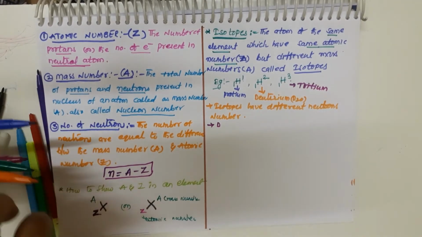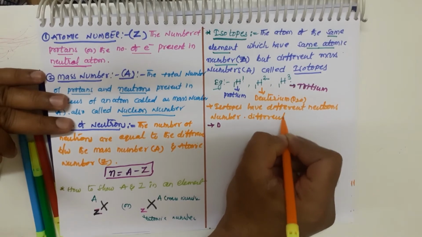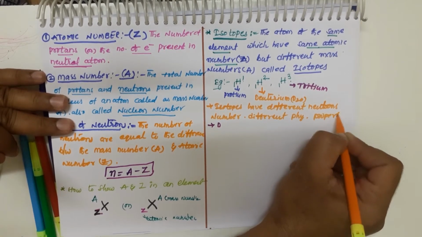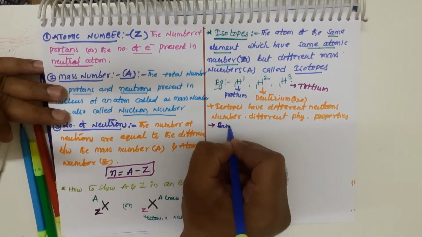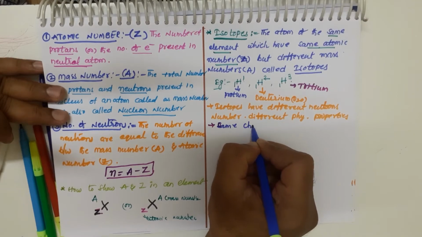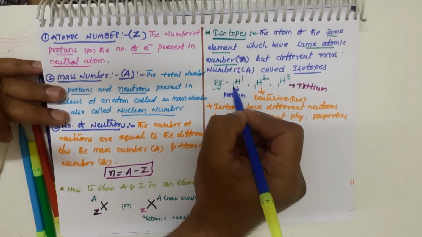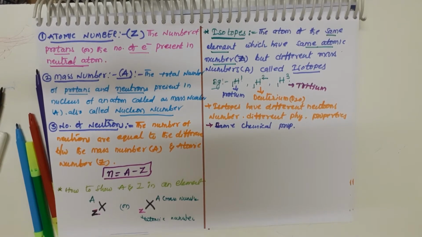That's why they have different physical properties but the same chemical properties, because they have the same electron number. Electron number is the same, that's why the chemical properties are the same.